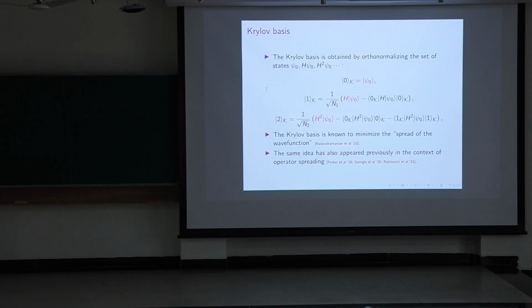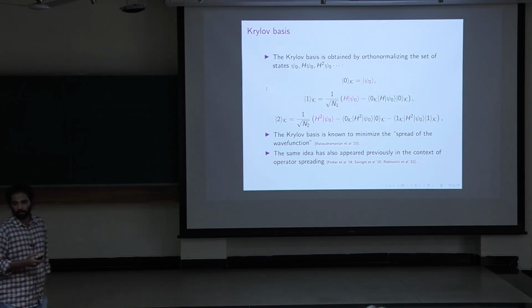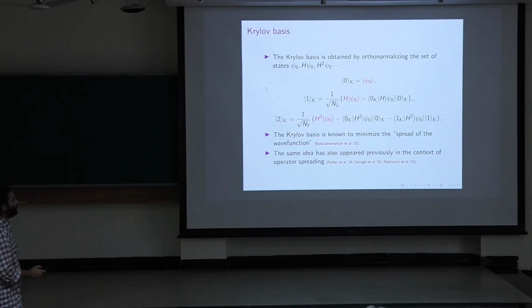And exactly as you point out, this basis that I constructed depends on psi naught and the Hamiltonian. Right. Okay. So this basis, in order for these states to form a basis, psi naught has to be sufficiently generic with respect to the Hamiltonian. For instance, if psi naught was an energy eigenstate, you would not get anything.